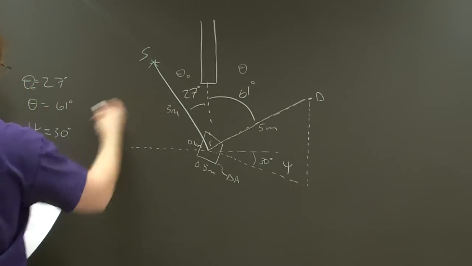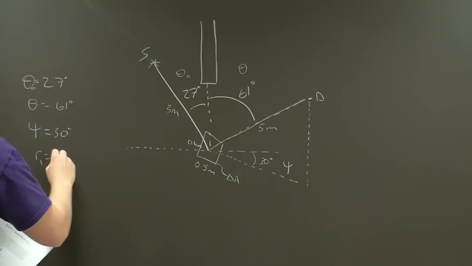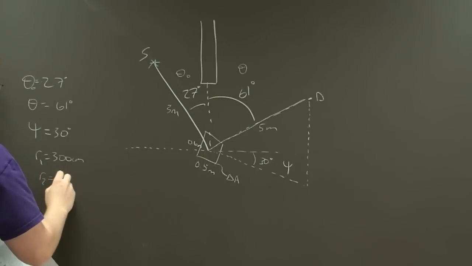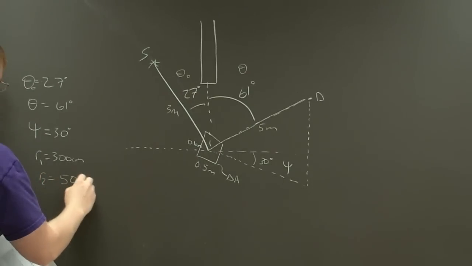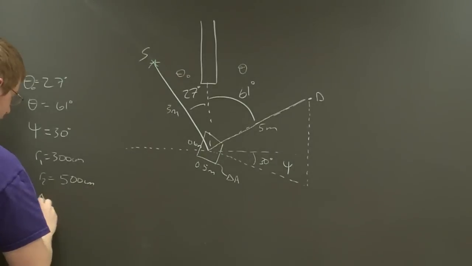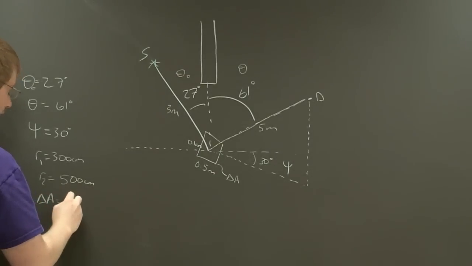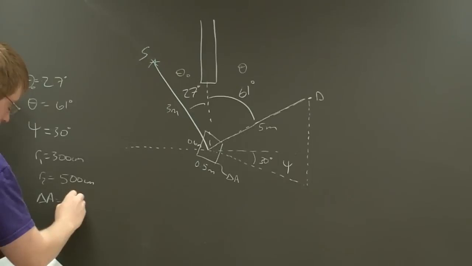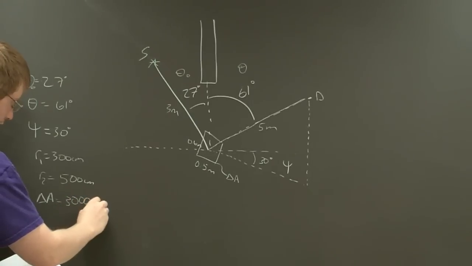We also have, let's call this R1. R1 is equal to 300 centimeters. R2 is equal to 500 centimeters. And our delta A has an area of 3,000 centimeters squared.